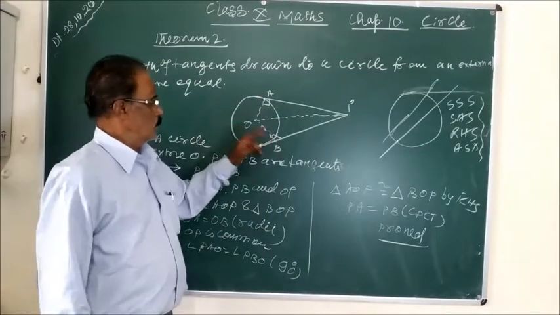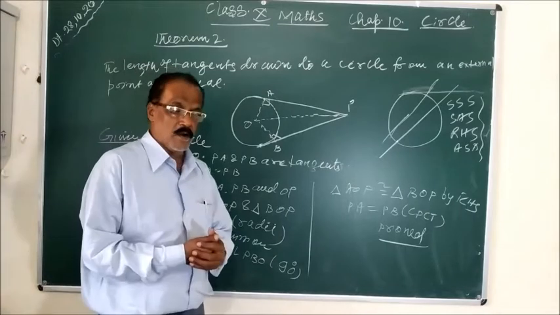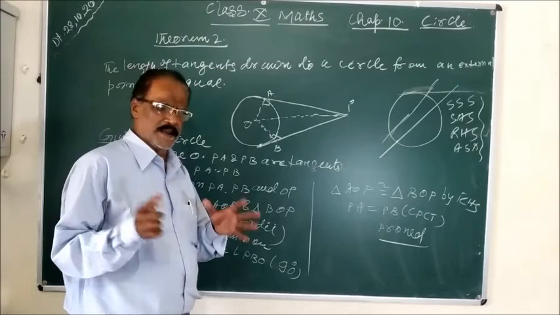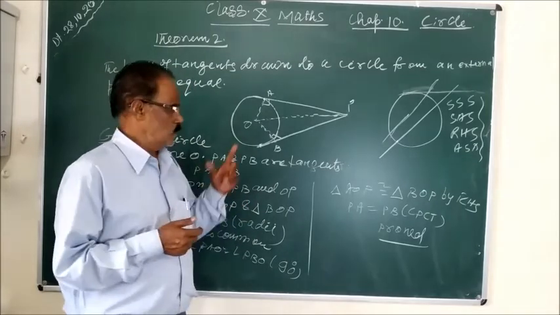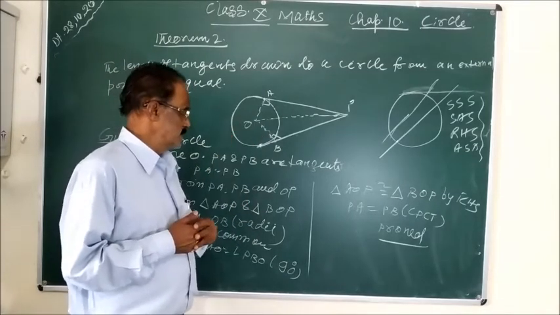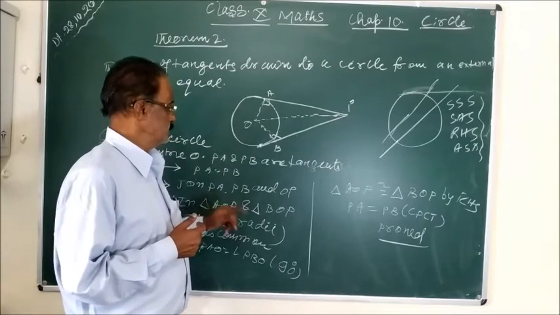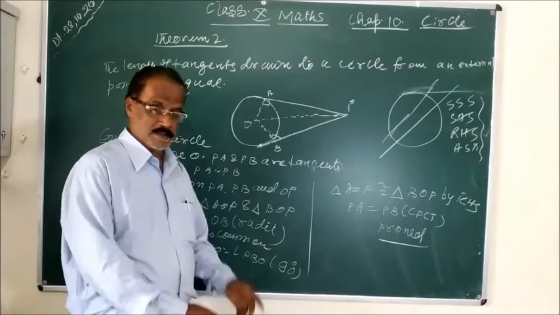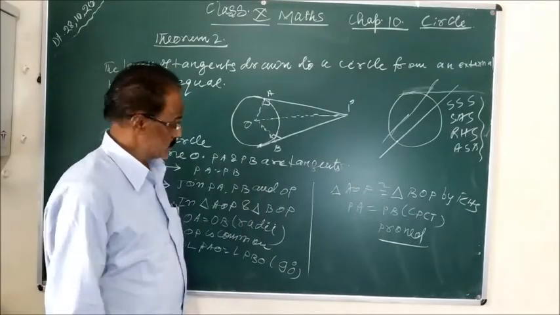OA is equal to OB. Why? Because they are radii of the same circle. In a circle, all the radii are equal. So OA and OB are the radii, and therefore they will be equal. Number 2, OP is equal to OP, common. This is a common side in both the triangles.